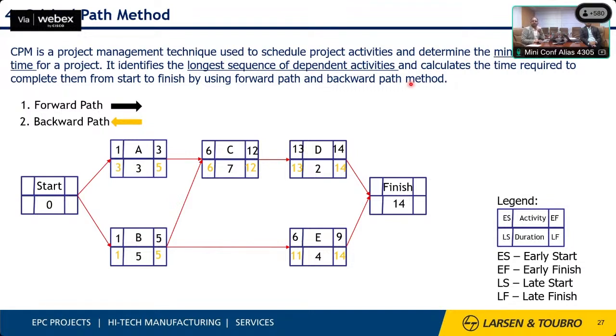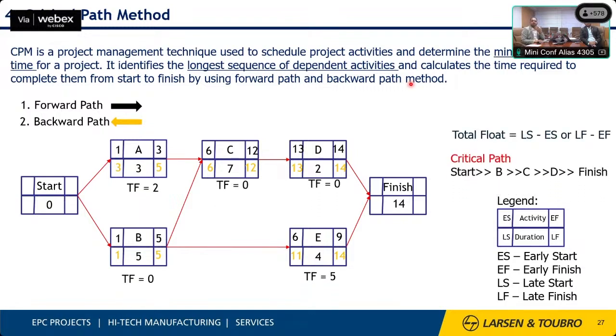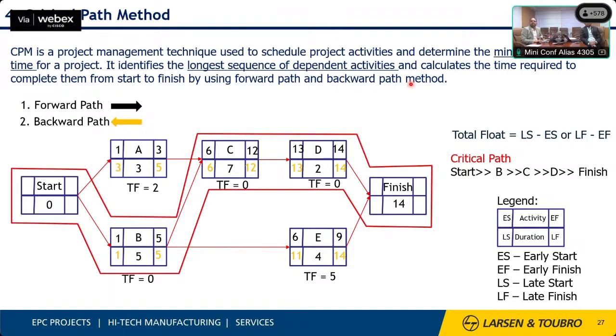Based on that, we calculate the total float of all the activities, and the total float provides our critical path. Here all the activities with zero float are on the critical path, which is shown here.